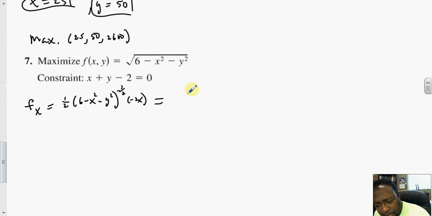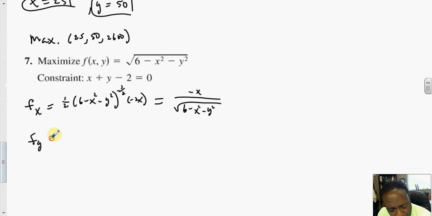That gives us negative x all over the square root of 6 minus x squared minus y squared. Very similarly for the partial of f with respect to y. This is negative y all over the square root of 6 minus x squared minus y squared.